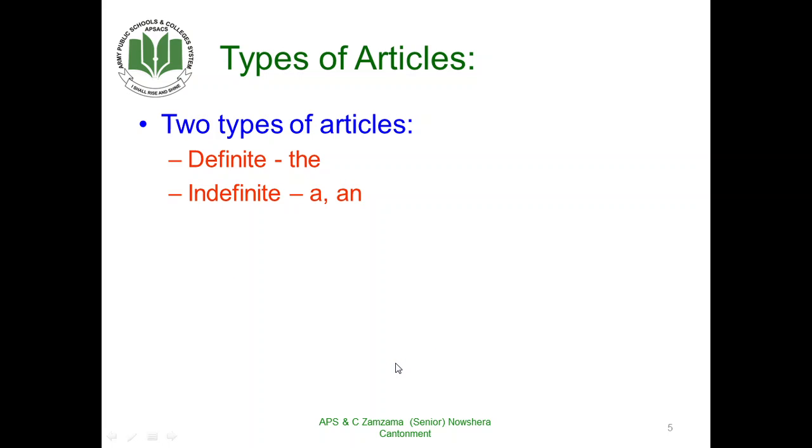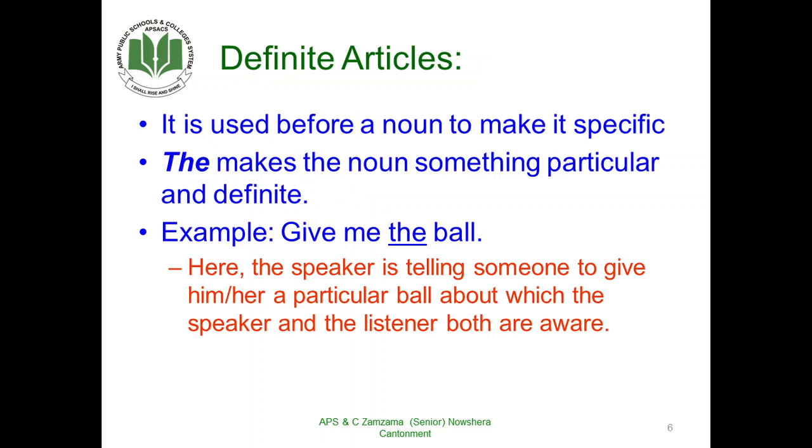Now come towards the types of articles. Articles are basically divided into 2 main types, which are definite and indefinite. Definite is the. Indefinite is a and an. We are going to start from definite articles. It is used before a noun to make it specific.